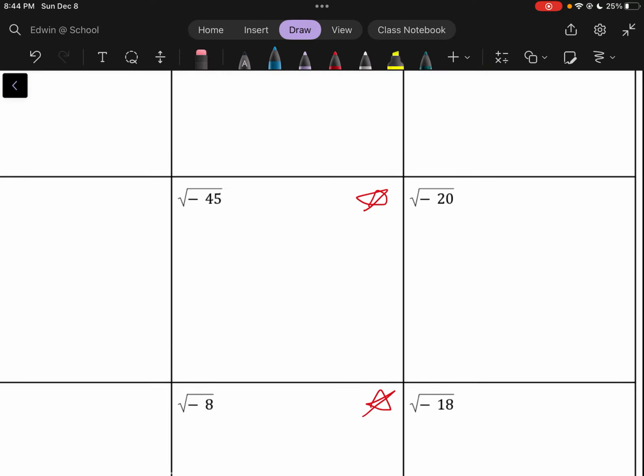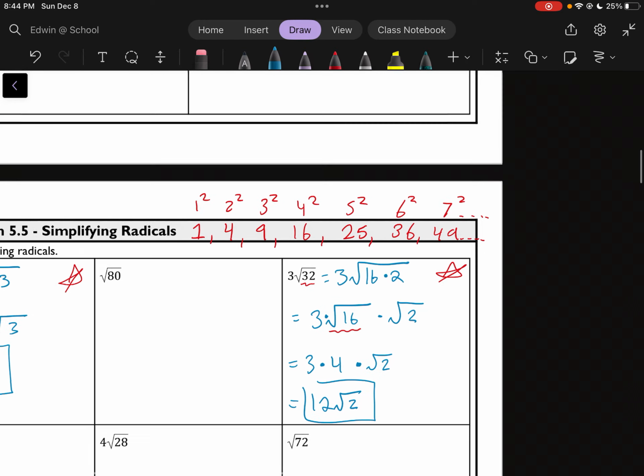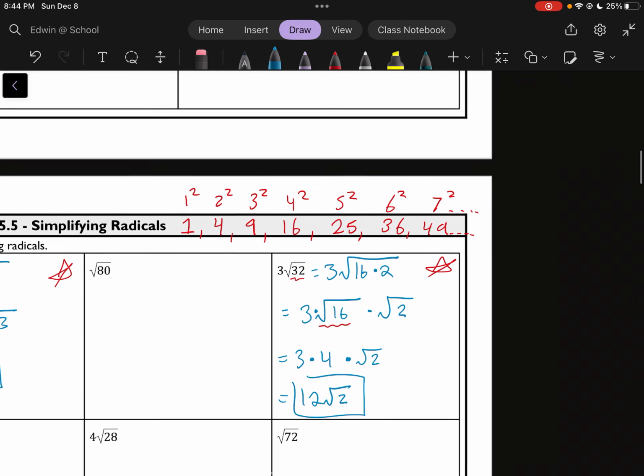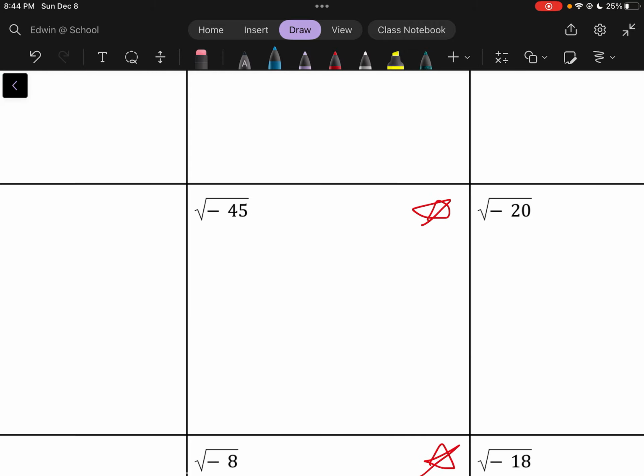So let's look at these next two. Negative 45. Okay, so now I'm thinking, what's the biggest perfect square that divides negative 45? Well, I got 9. I think 9 divides into 45. But one of the key differences that you'll see is that there's a negative 1 right there. So whenever you see a negative, you can think about replacing it like this.